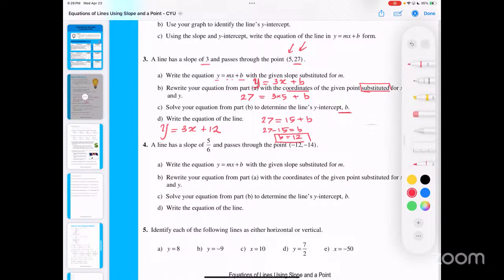Okay, so can you guys do number 4, please? Same question, exactly the same question. It's an identical question. The only difference is you see numbers and fractions.